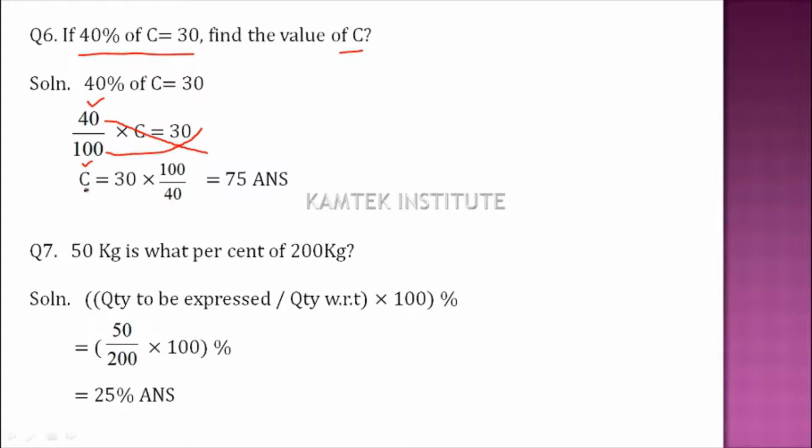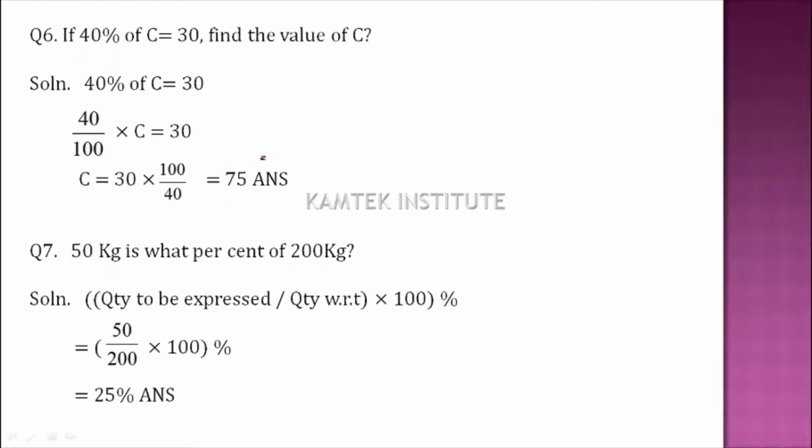So we get C is equal to 30 into 100 upon 40. 0 and 0 get cancelled and 4 ones are 4, 4 twenty-fives are 100. And 3 into 25 is 75. So the value of C is 75.